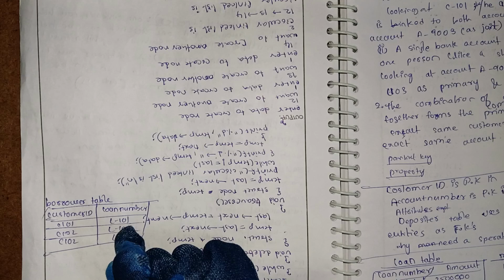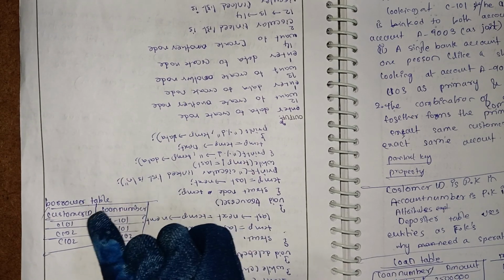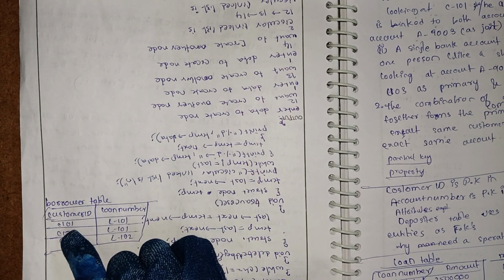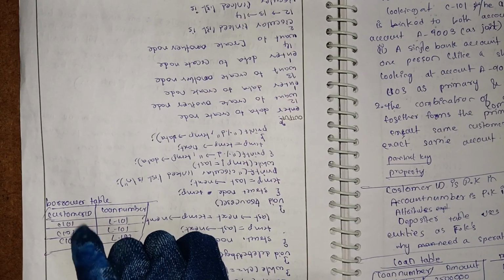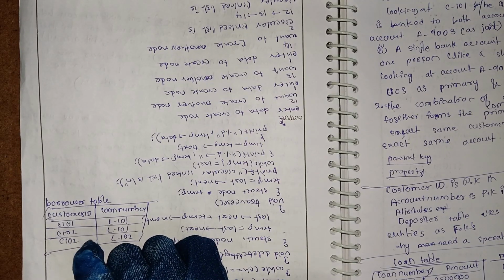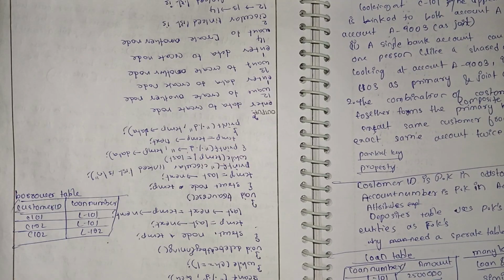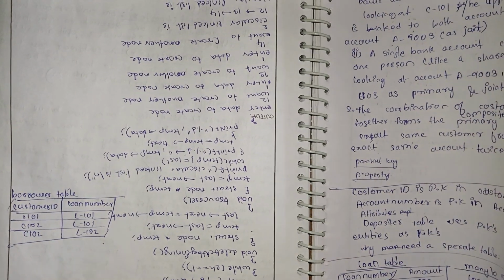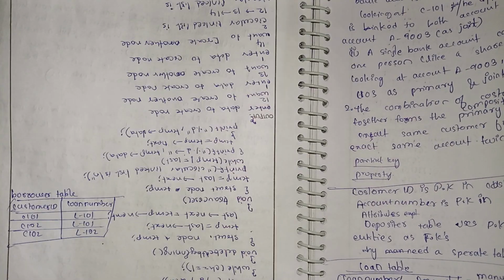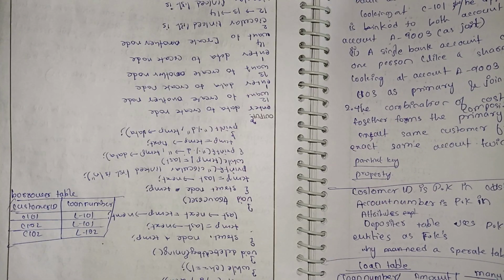This one loan is borrowed jointly by two different customers, C101 and C102. So that's why a loan is jointly borrowed by multiple customers.